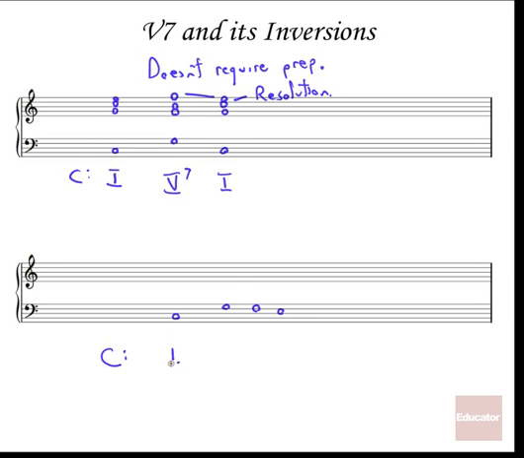If we have a I here, obviously, on C, and then a V on G, and this G moves down to an F, we know immediately that this F can't be a IV chord or any kind of subdominant harmony like a ii6, because the dominant can't move to a subdominant chord.